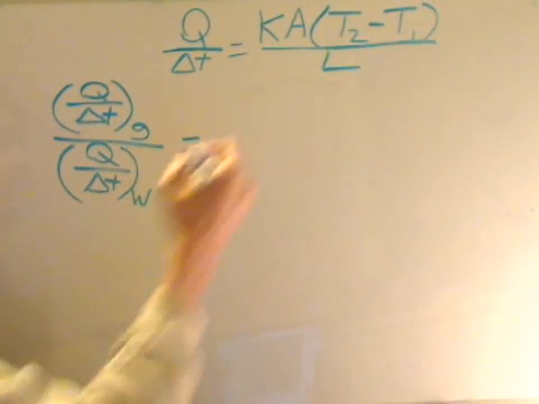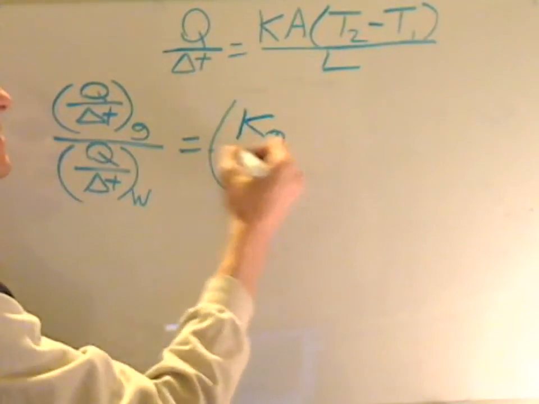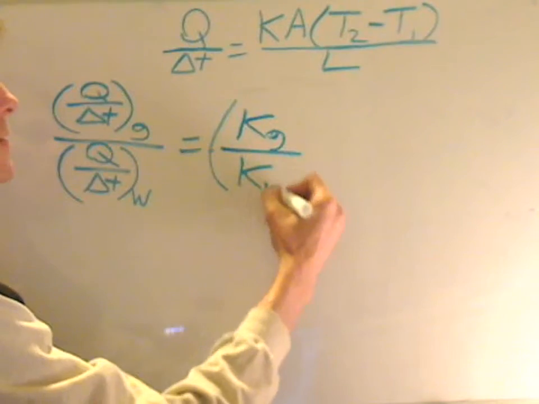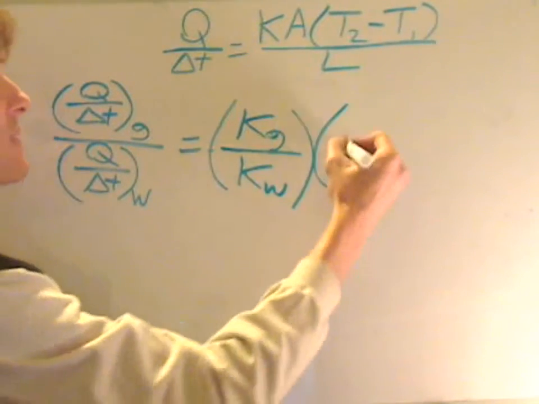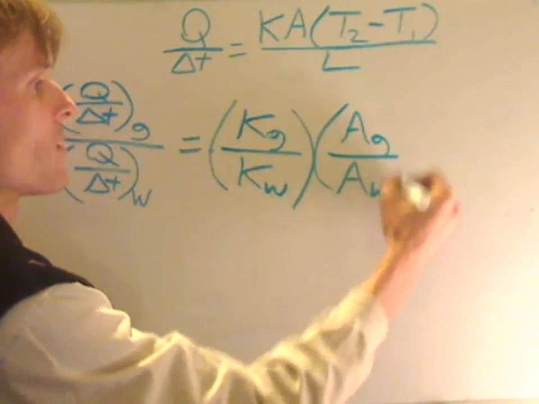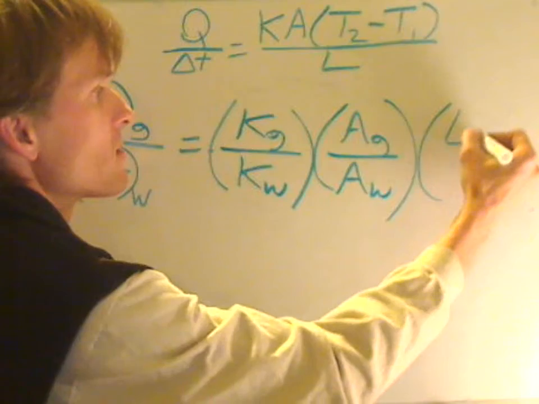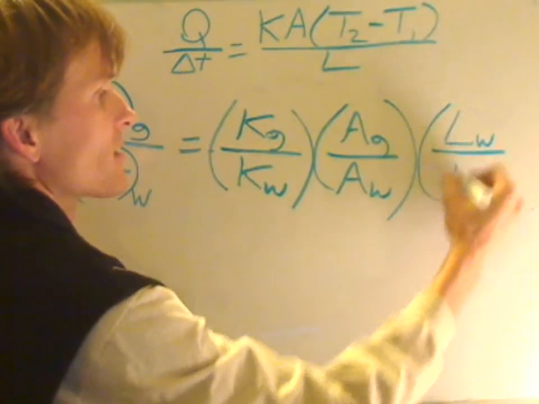So what you end up with is K of glass divided by K of the wall times area of the glass divided by area of the wall times thickness of the wall divided by thickness of the glass.